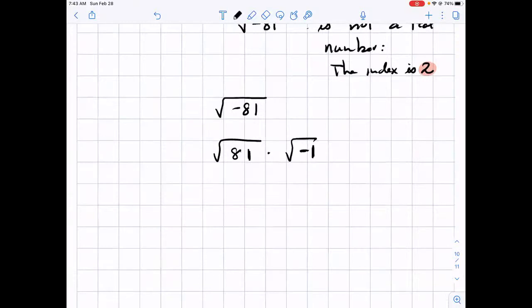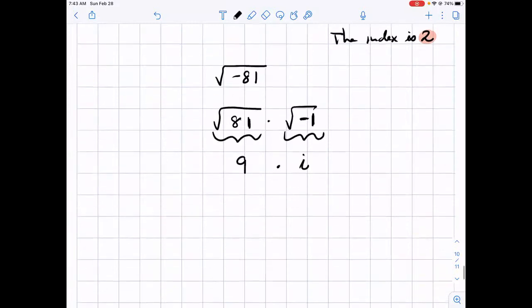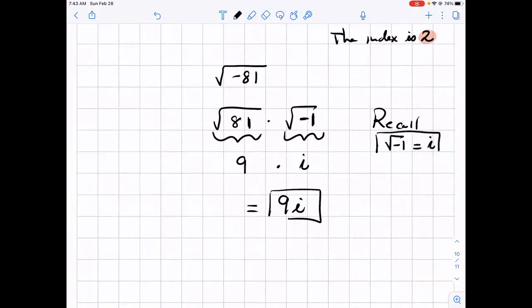And this we know is 9, and this here we know is i. So the answer is 9i. Remember, the square root of negative 1 is equal to i. That's something we did before, or you should look it up if you don't recall that.